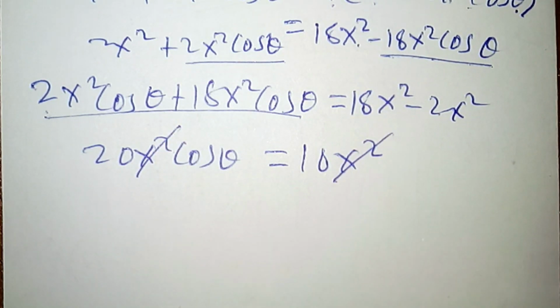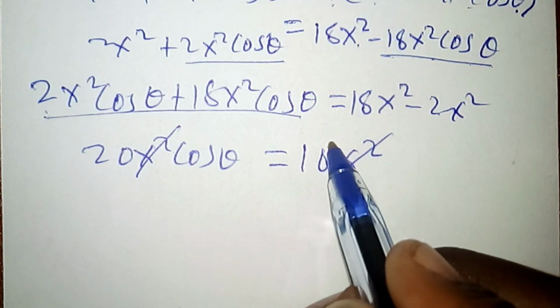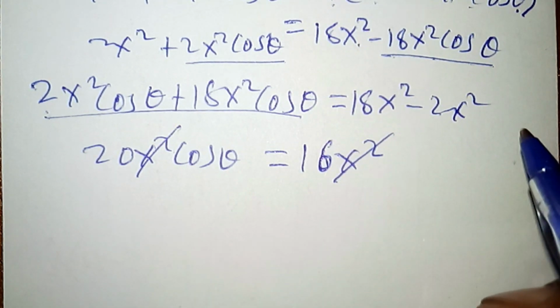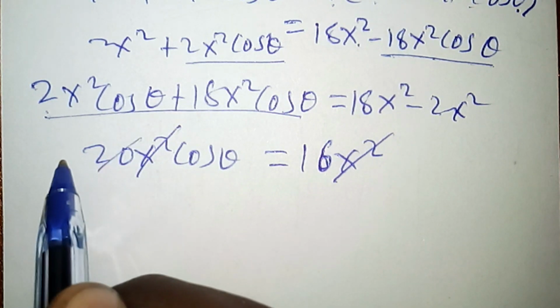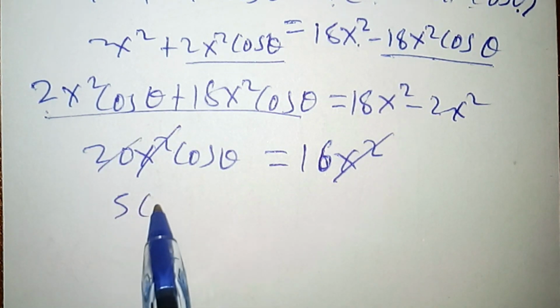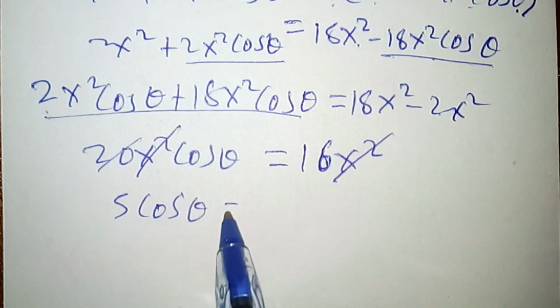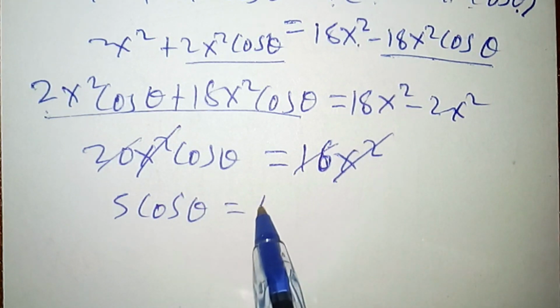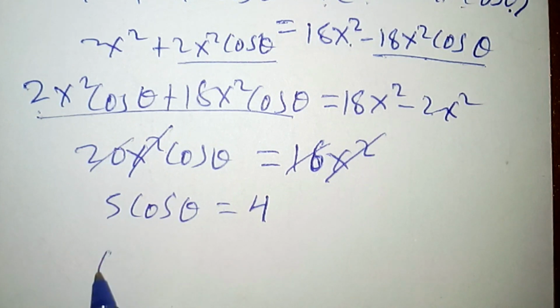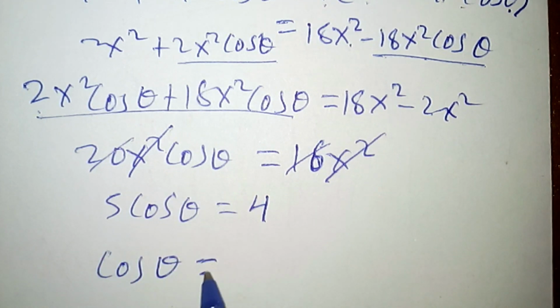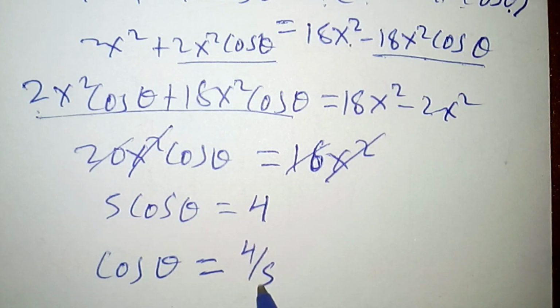So x squared cancels from both sides. I can also simplify here: this by 4 is 5, so 5 cos theta is equal to 4. This means that cos of theta is equal to 4 over 5.